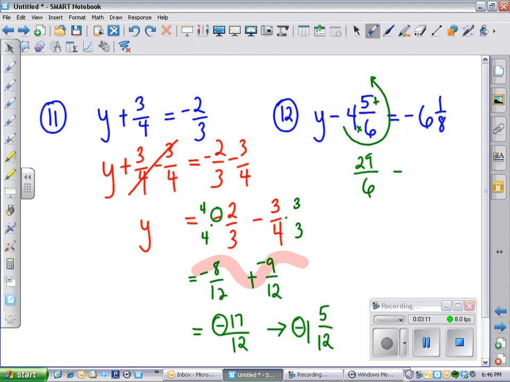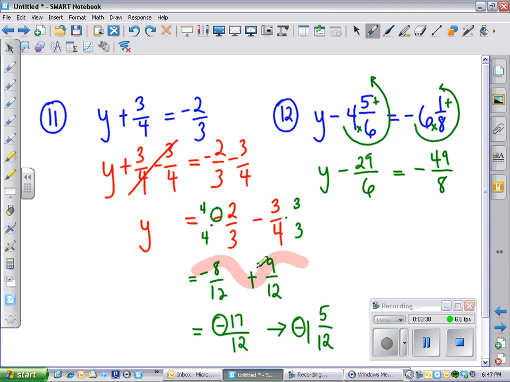And over on the right-hand side, same thing, we're going to change form, multiplying, adding. 6 times 8 is 48, plus 1 is 49, over 8. And this was negative, this was subtract, and y was there. So I'm just going to put it back together. So we've just changed their forms. Their signs don't change. Don't do anything different with that.